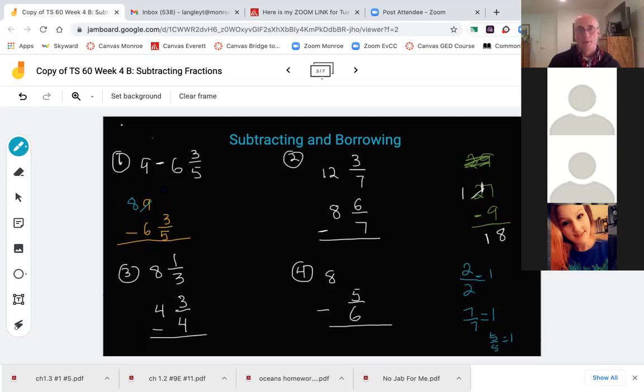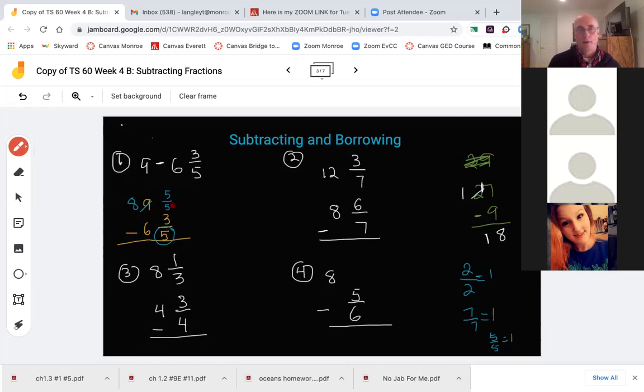I would pick 5/5. And why did I do that? Because of this 5 right here. I'm thinking, if I pick the version of 1, 5/5, that I borrowed from here, I'll have the same denominator. Now I'm ready to subtract.